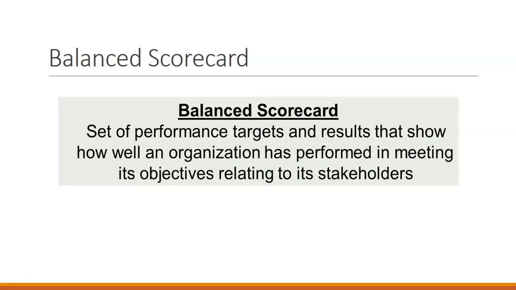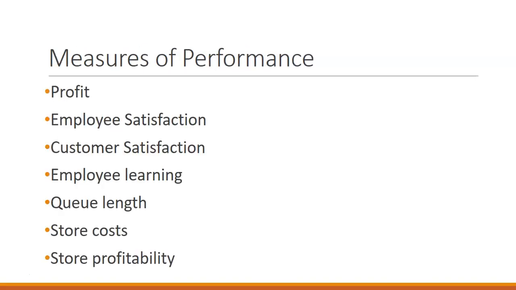One of the performance measurement systems that is highly popular in businesses today is called a balanced scorecard. A balanced scorecard is designed with financial and non-financial measurements. Different measures of performance that can be included on a balanced scorecard include ability to generate profit, which is one of our financial goals.